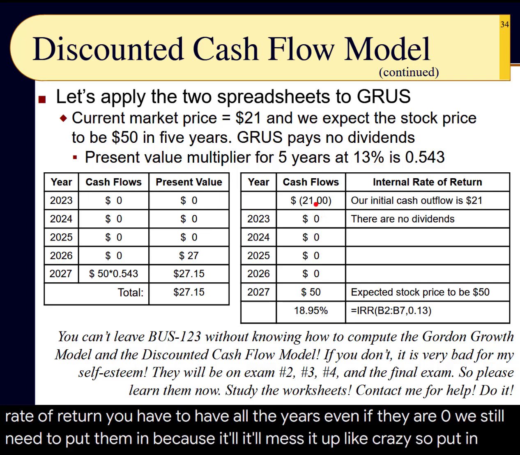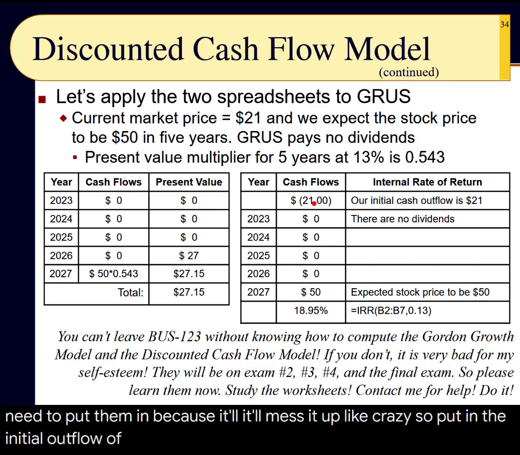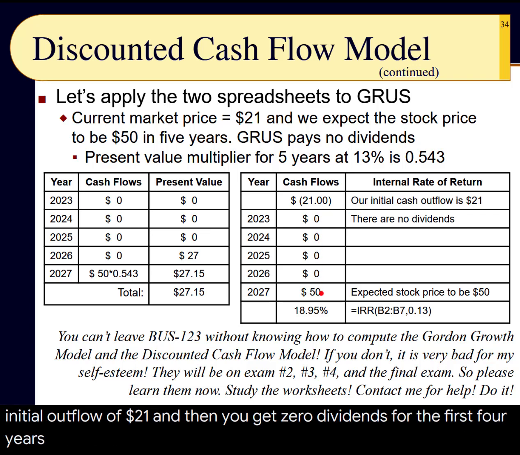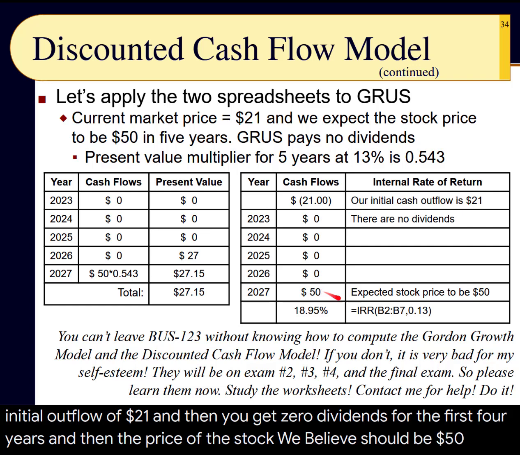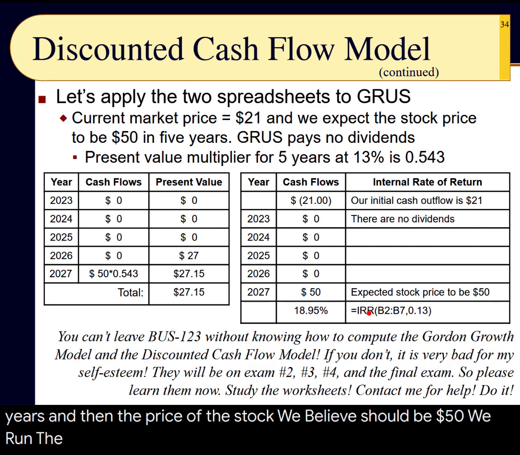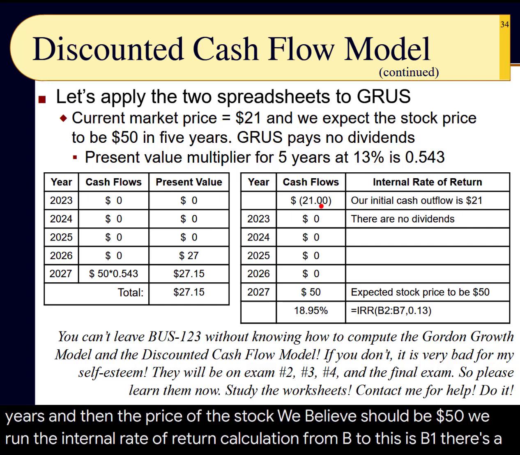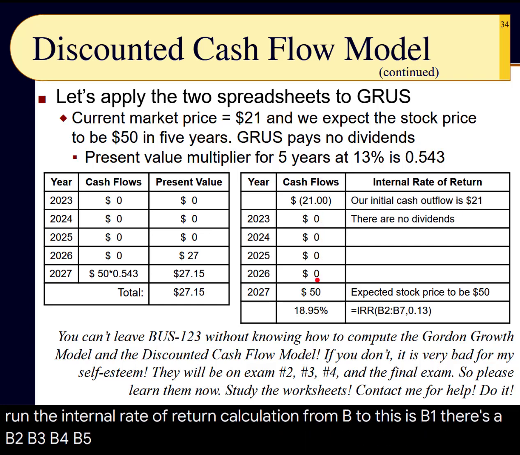So put in the initial outflow of $21, and then you get zero dividends for the first 4 years. And then the price of the stock, we believe, should be $50. We run the internal rate of return calculation from B2. This is B1, there's A. B2, B3, B4, B5, B6, B7.